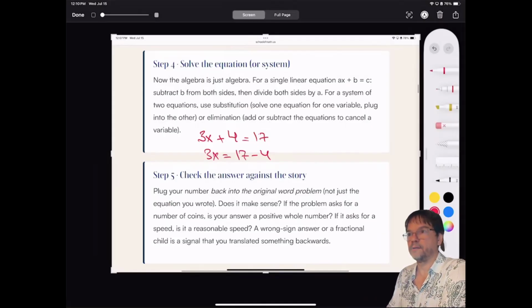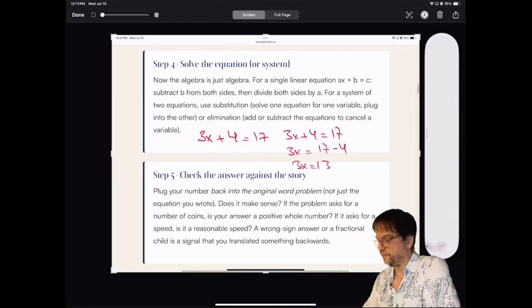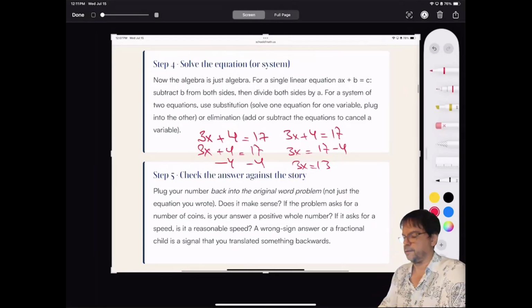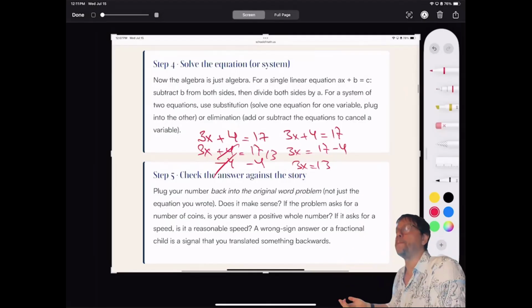No, it is. 3x plus 4 is equal to 17. 3x is equal to 17 minus 4, which is 13. Compare it with 3x plus 4 minus 4, and 17 minus 4, 13. It's exactly the same thing. So the rule is: pass to the other side with the opposite operation.